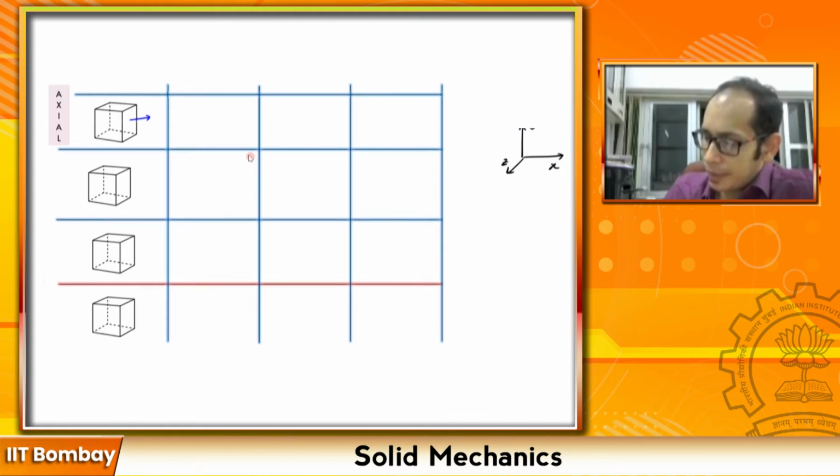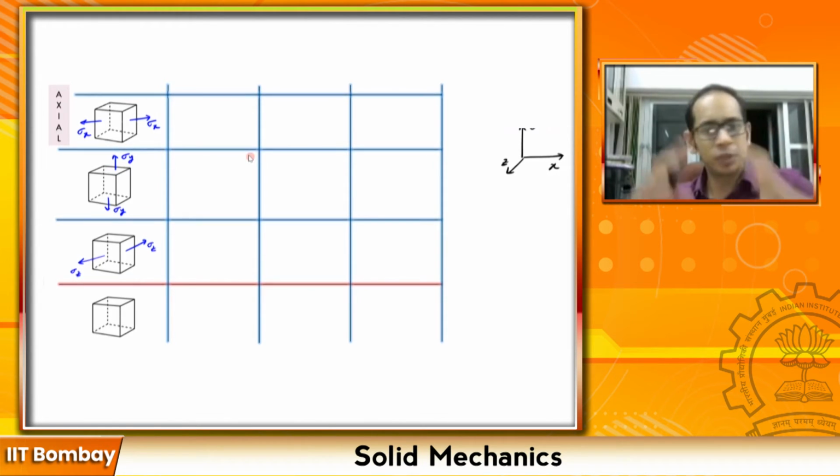So if I have to go back, this is my first cube, sigma x over here, right? The next one is my second cube where I have sigma y, right? Then I have my third cube where I have my sigma z over here, and the fourth cube is the one in which all the stresses are acting. So let me go ahead and mark that as well.